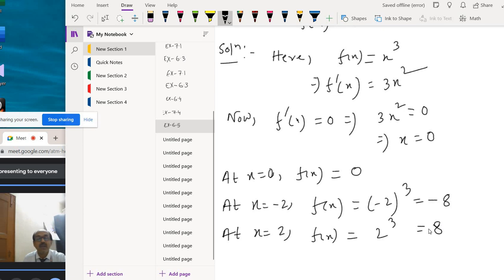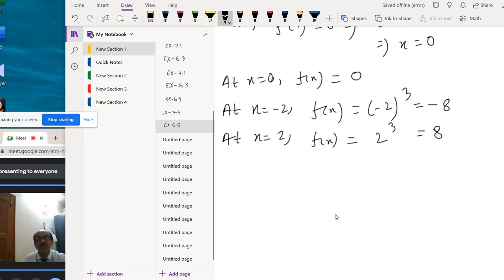Now the question is to find the absolute maximum and the absolute minimum value. Out of these three values, 8, minus 8, 0, 8 is the maximum value. So the absolute maximum value is 8 at x equal to 2.